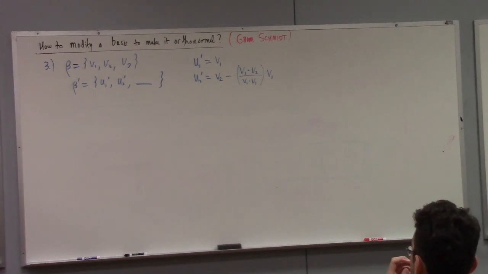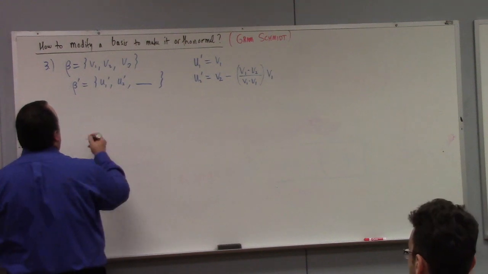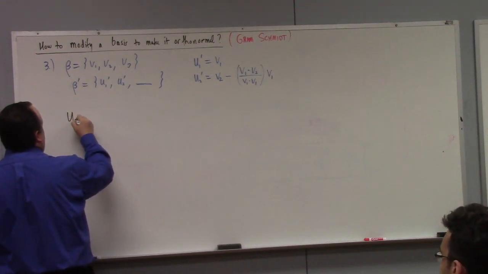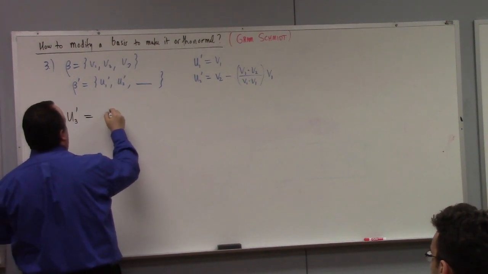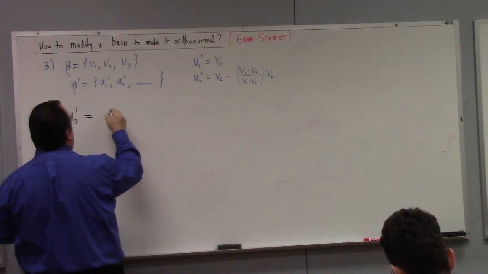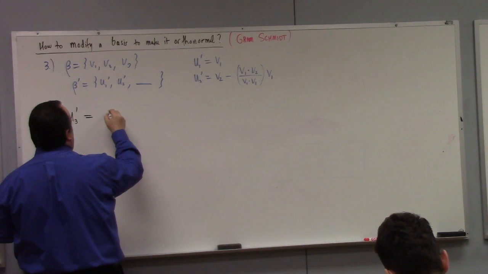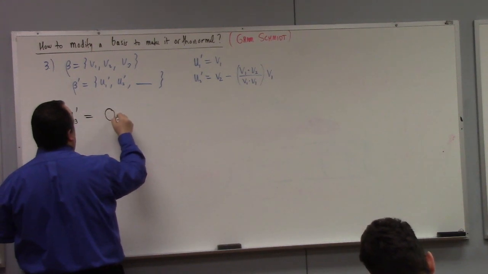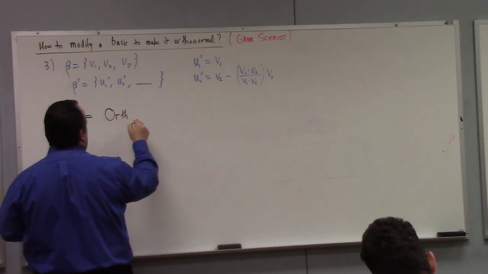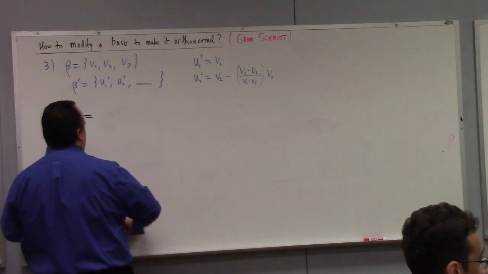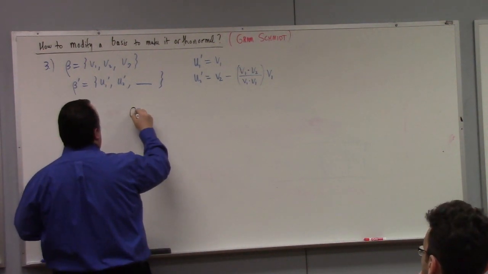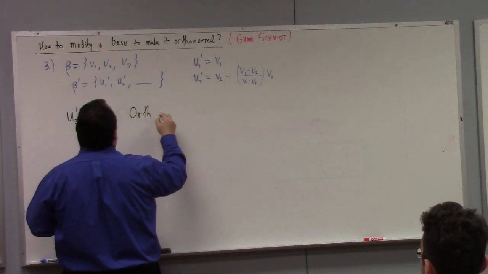How do I get the third, though? So here's how we're going to construct u3 prime. Let's look at it in terms of operations. So what we can do is we can do orth. Let me leave myself a little room to write here because there can be a thought process.